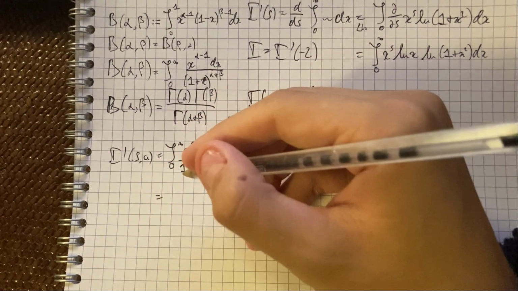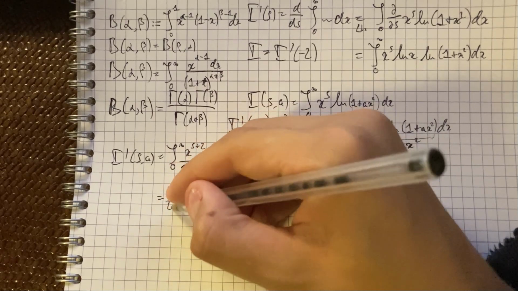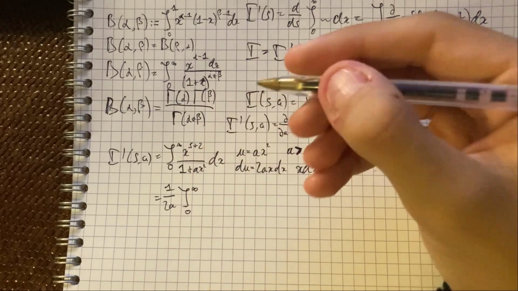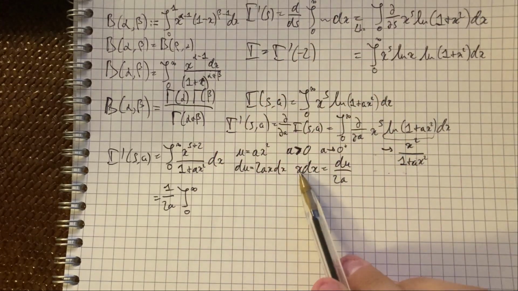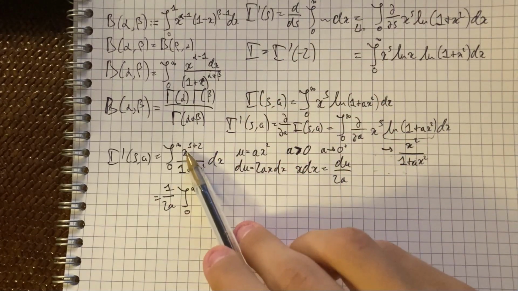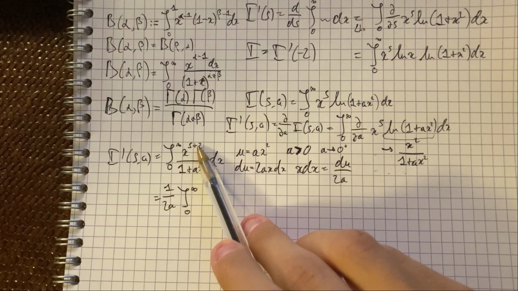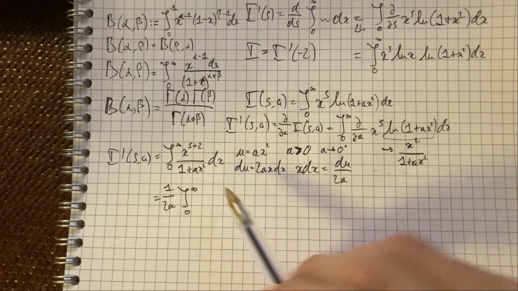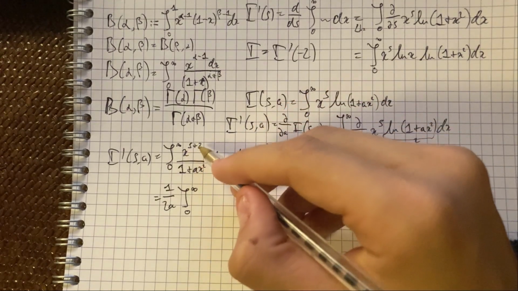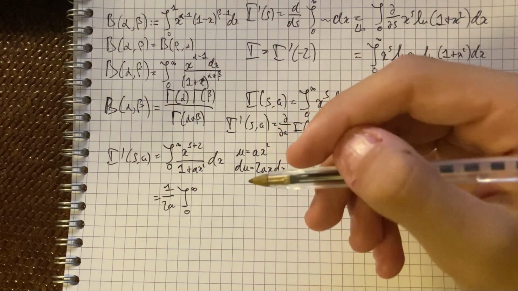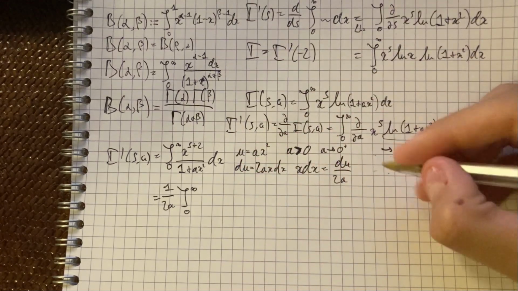So I prime of s, a equals 1 over 2a times the integral from 0 to infinity of, here we have x dx, so we have to take one x outside of this x to the s plus 2 power, so we have x to the s plus 1 power times x dx. So x to the s plus 1 power becomes u over a under a square root.